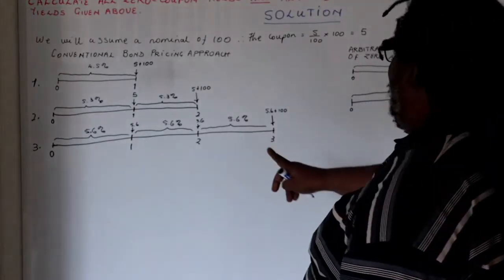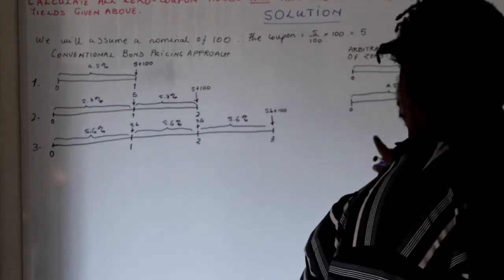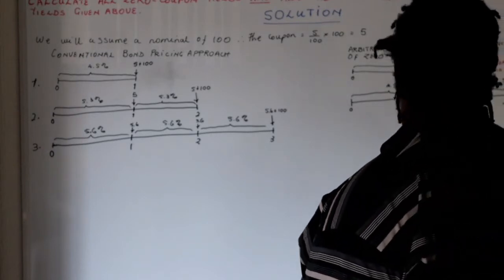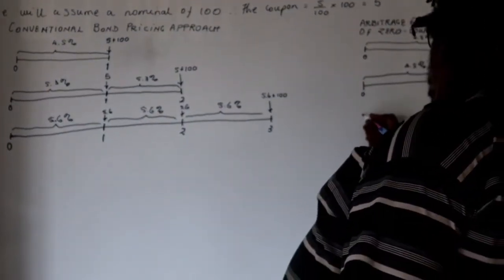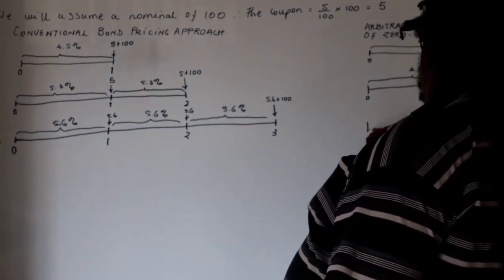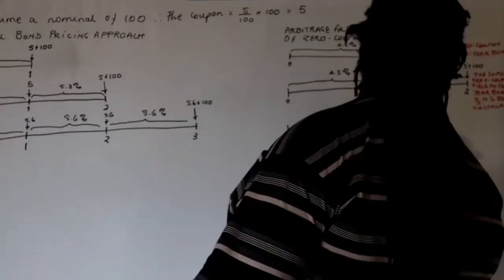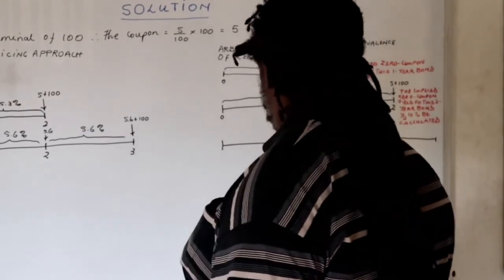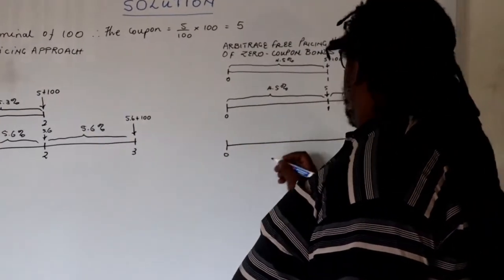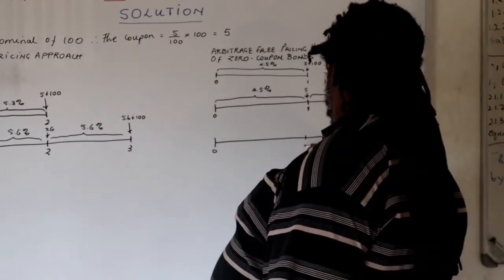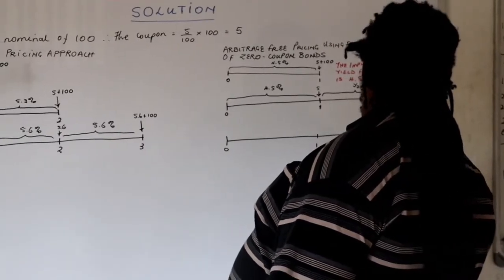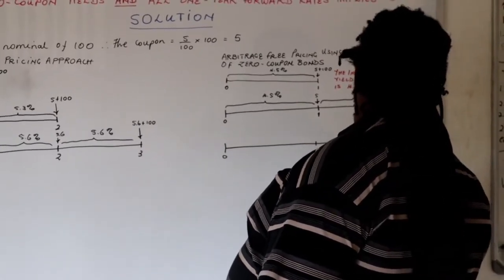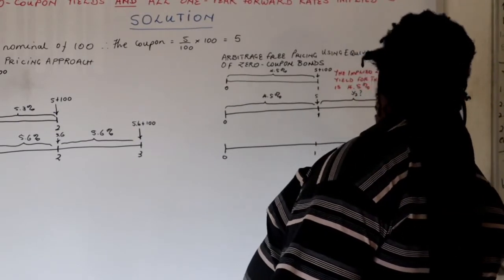So then, if you move from that side to this point now, you will be having the following scenario. This will be your 0, this will be your 1, this will be your 2, and this will be your 3.